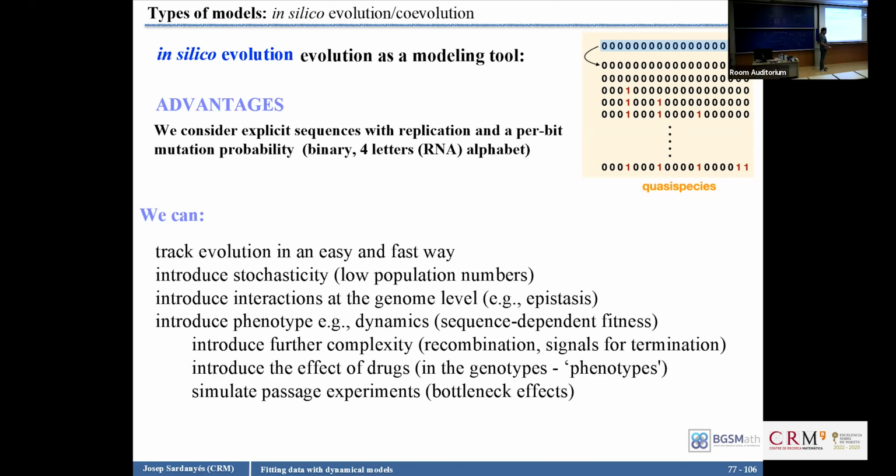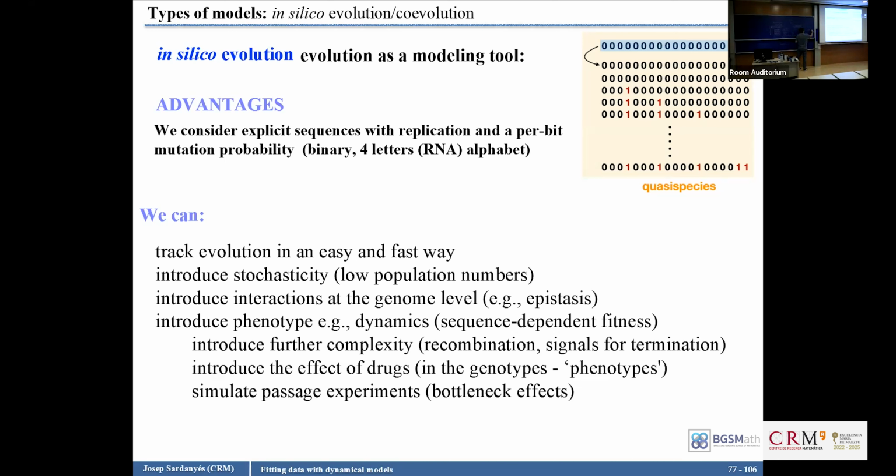We can introduce noise. We can introduce interactions at the level of the genome. This I will not explain in detail because it's a little bit complicated. This is called epistasis, and it is something that happens in viruses, especially in RNA viruses.